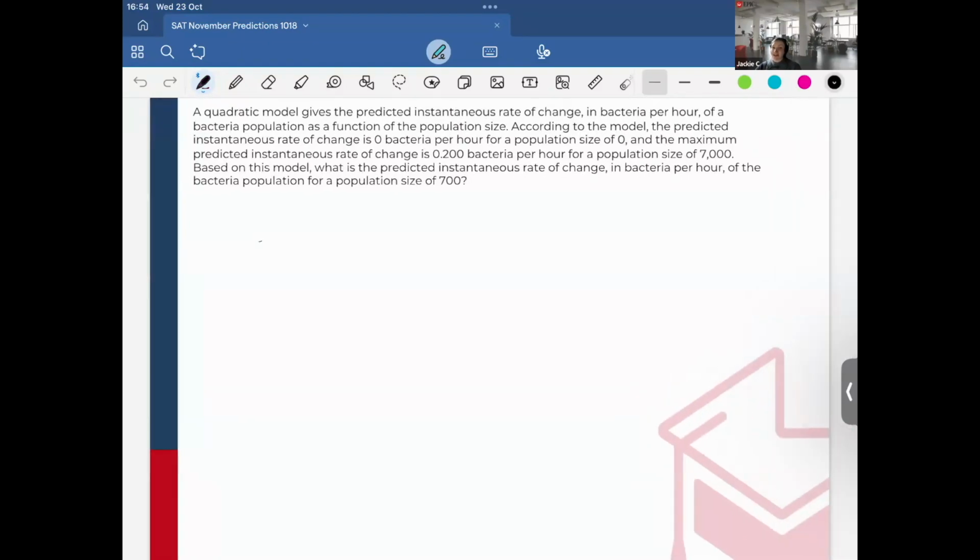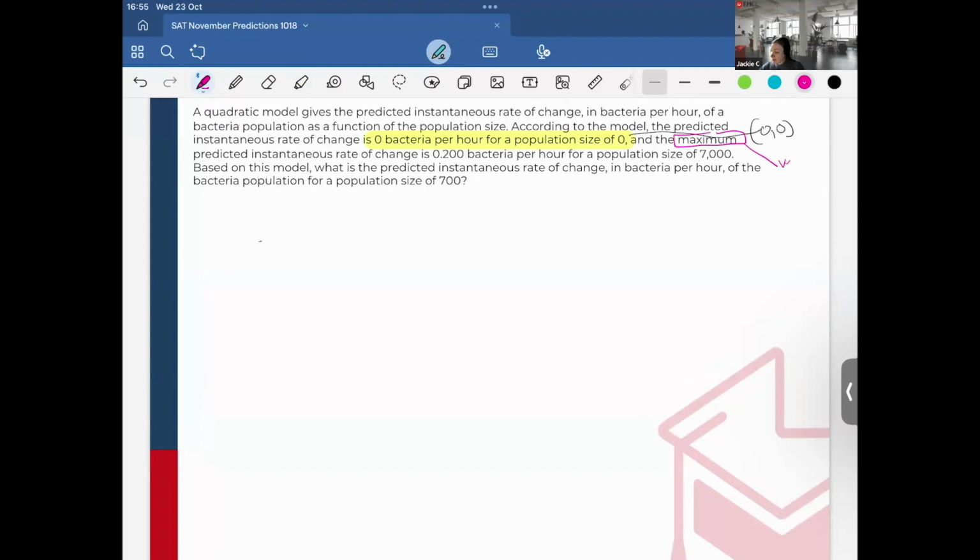Okay, so if you've seen my other videos, you've probably noticed doing a very similar question. Very similar, however, different numbers. So note here they give me a coordinate pair. This would be 0, 0. And they also say the maximum predicted instantaneous rate of change.